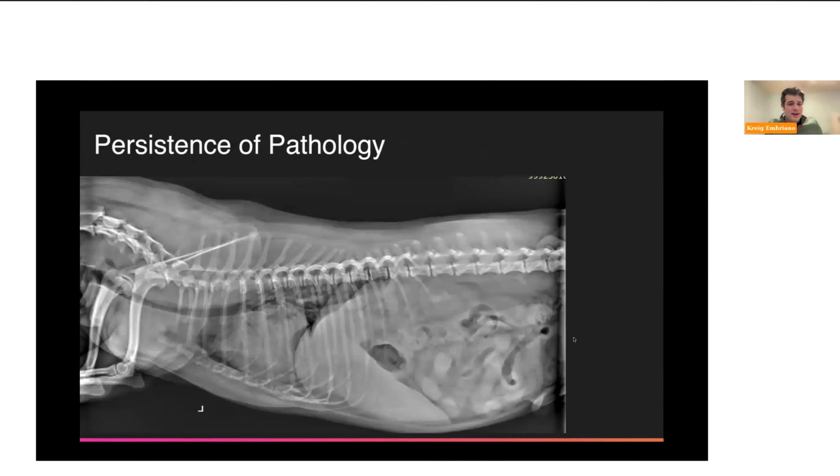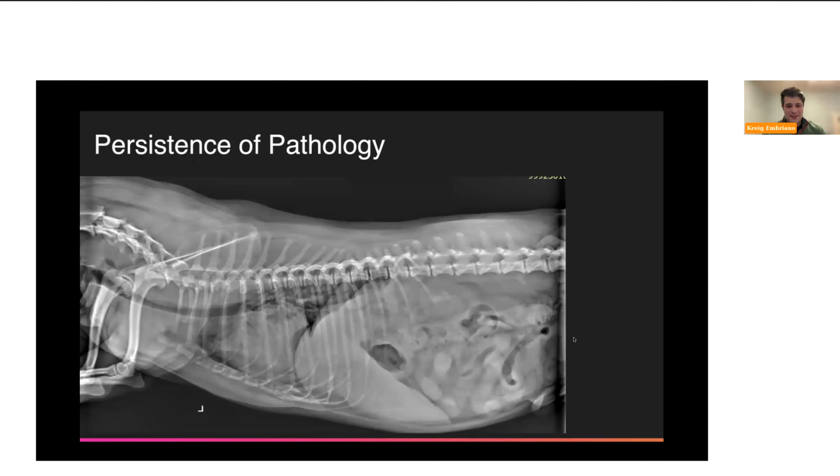This is another suboptimal radiograph in which the patient's moderately rotated. There's way too much abdomen included, and the X-ray beam is not centered on the thorax. This is an older Yorkshire Terrier presenting for coughing, not too surprising.